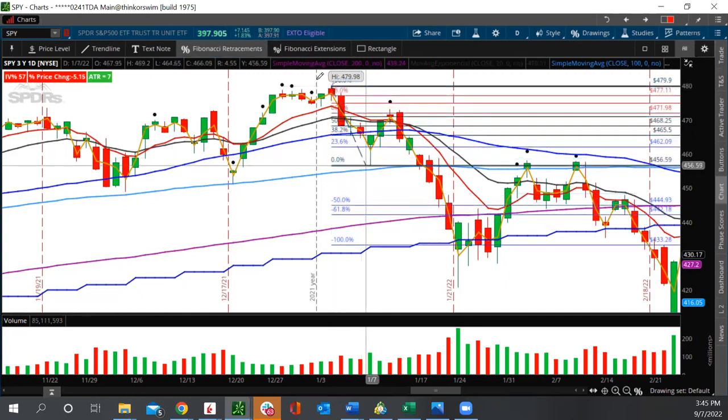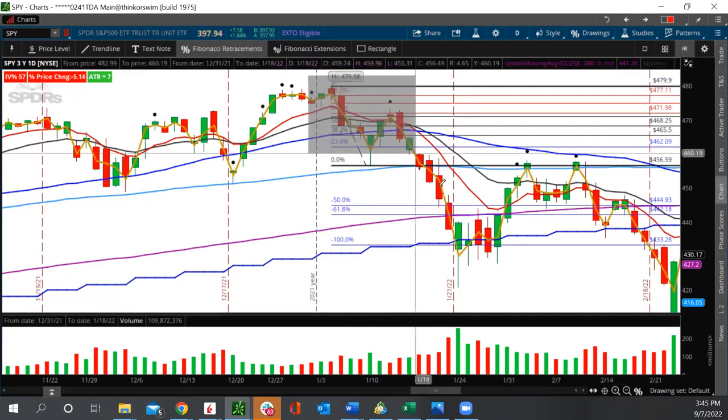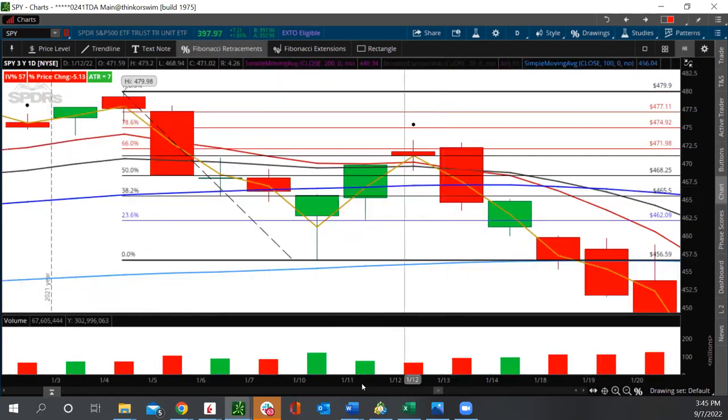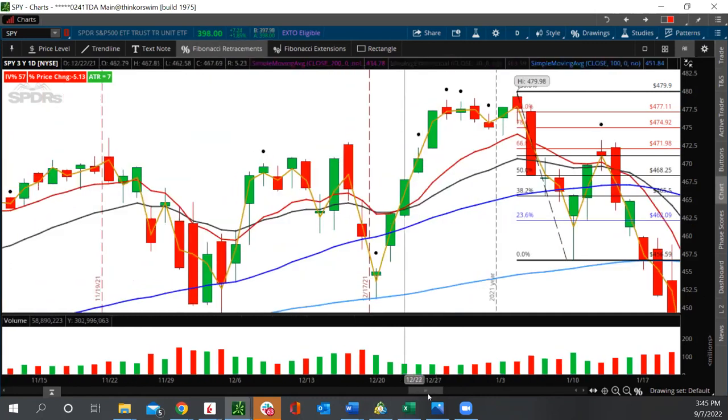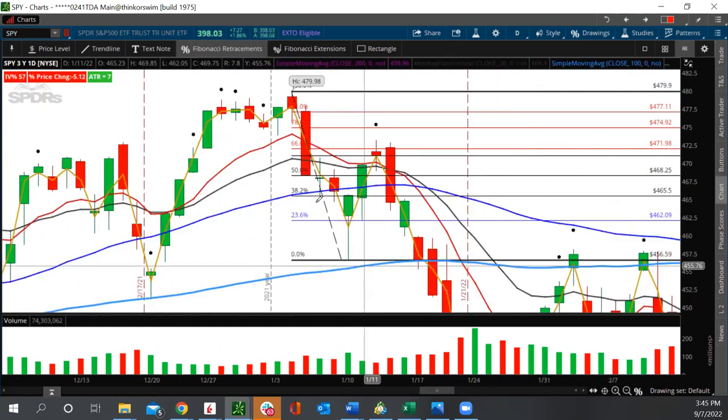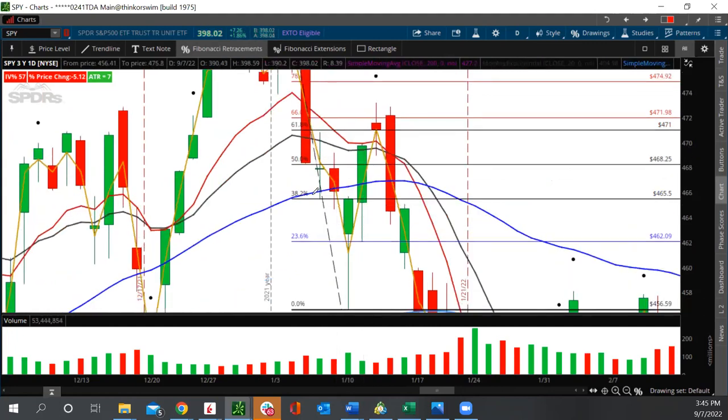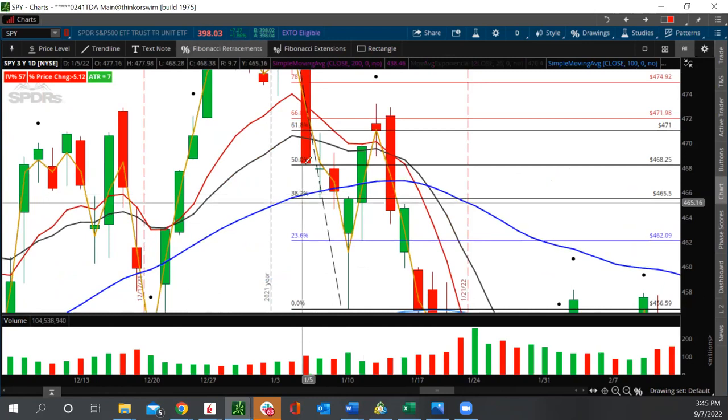Now, if I zoom in here, you see that price retraced. Let me first touch on the key areas that I talked about: 38.2, 50%, and 61.8. Those are the known key levels that all retail traders are taught to look at.